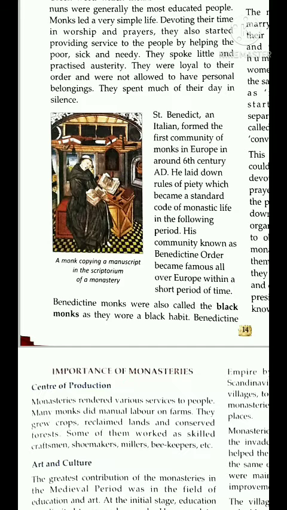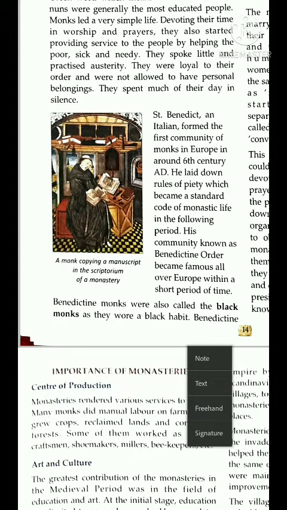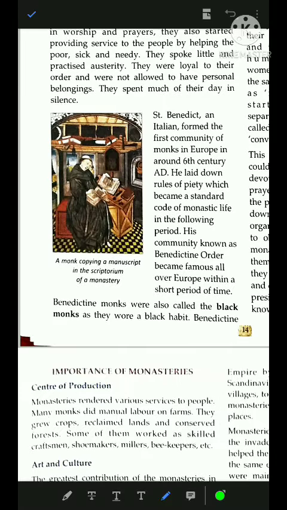Benedictine monks were also called the black monks, as they bore a black habit. Why? Because they used to wear this black habit. Okay, this is a habit.